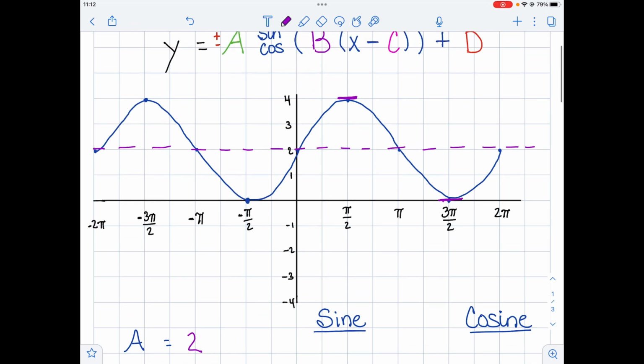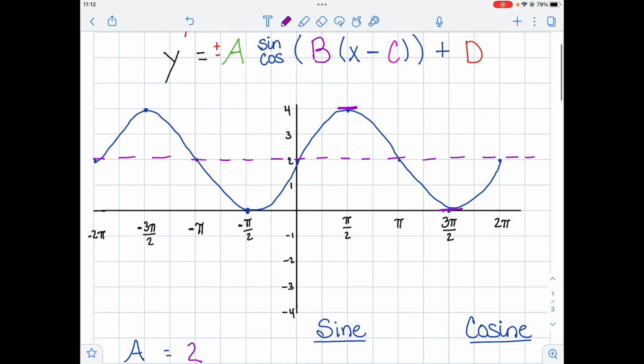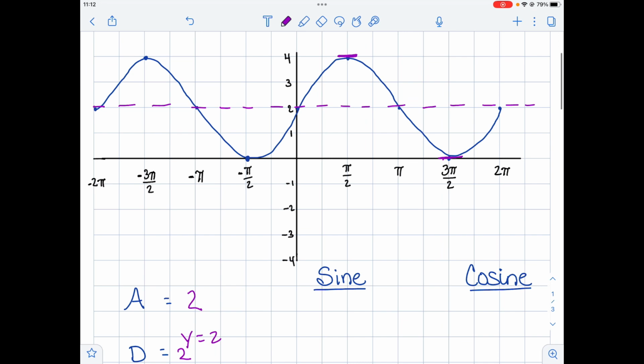So now let's think about what type of graph we want to talk about. Sine always starts at the midline, which we drew with our dotted line. If we're thinking about sine, I'll use a little highlighter here. Here is sine. It would start right here.